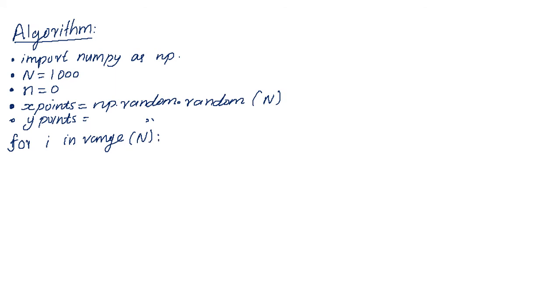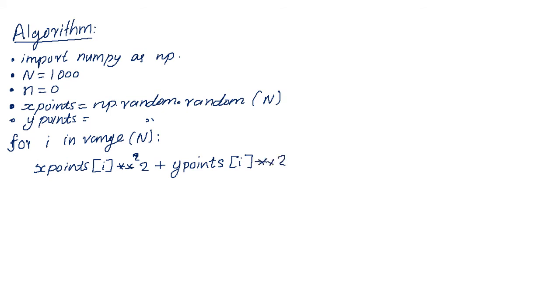What we have to choose is the xy points. So first we consider the ith value of x points, then we square it, then we add that with the y value, so y points of i. Okay, so that is the distance.